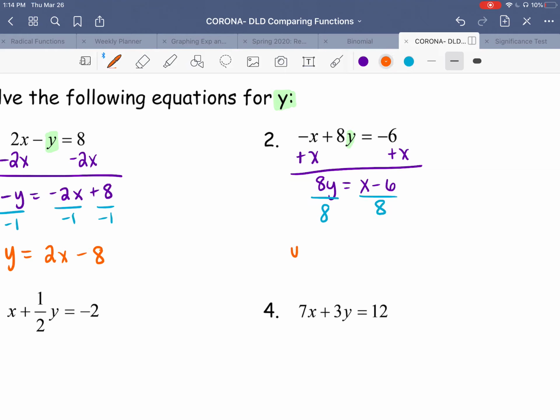This is going to give you y equals x minus 6 over 8, which can also be written as y equals x over 8, or 1/8 x minus 6 over 8, which is a fraction that reduces to 3 over 4.